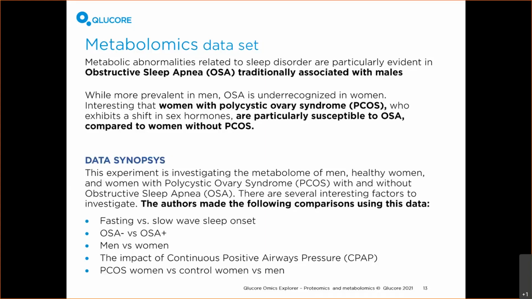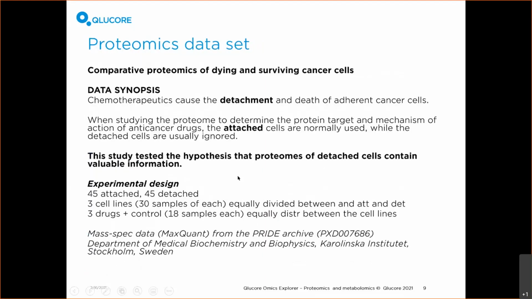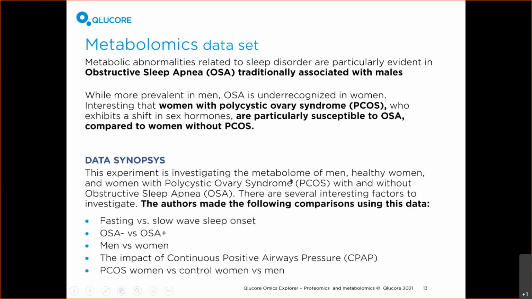So this is an aspect that we are going to have a look at. So in this experiment, we have a look at the metabolome of men, healthy women, and women with and without polycystic ovary syndrome, with and without OSA.